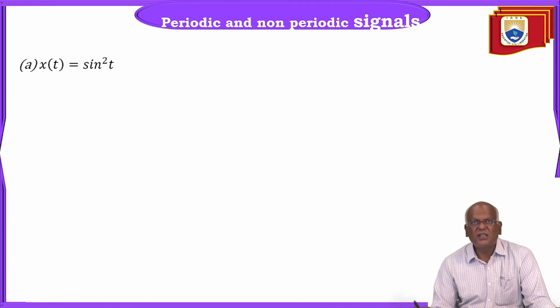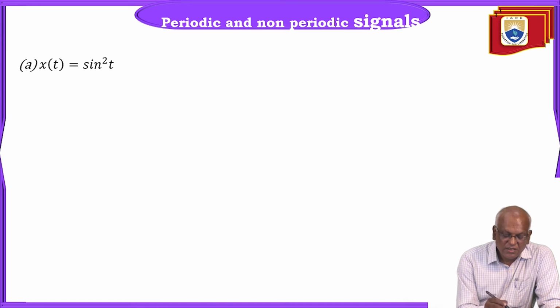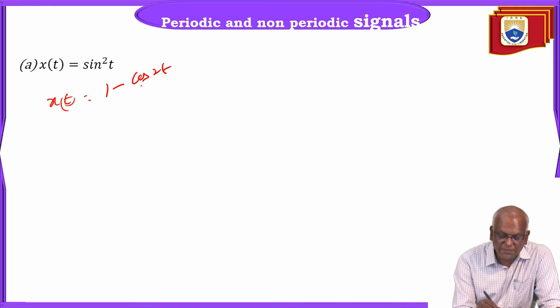Next, we go for the second signal. Let us take the signal x(t) equals sin square t. According to the identity, x(t) can be written as (1 minus cos 2t) divided by 2.